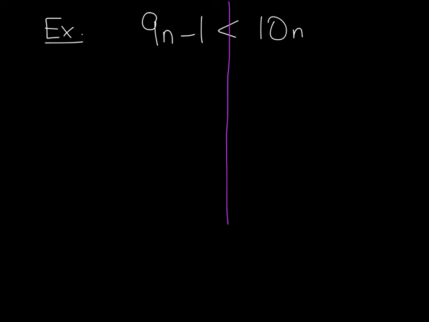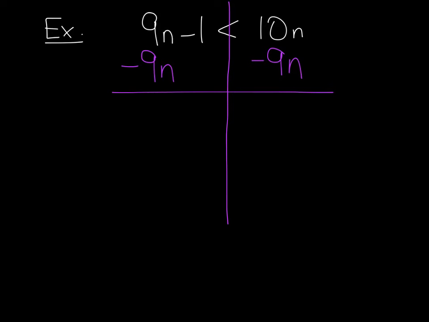Well, in this case, it's on both sides. So that means I'm going to need to move some things. Since I have a 10n on the right side, all by itself with nothing else attached to it, and I have a 9n minus 1 on the left side, I'm going to move that 9n. So to move this 9n, I just need to subtract 9n from both sides.